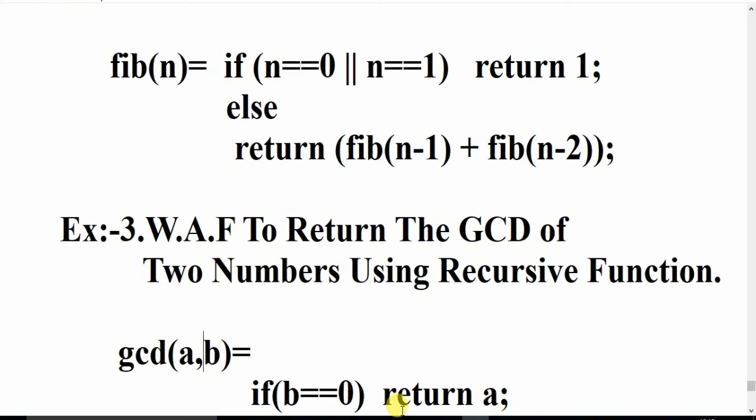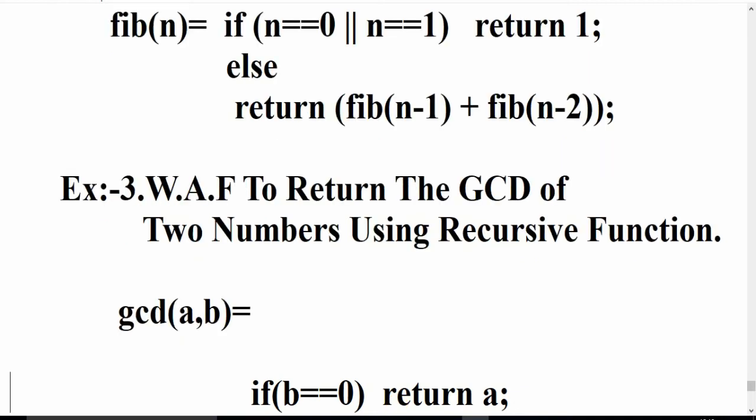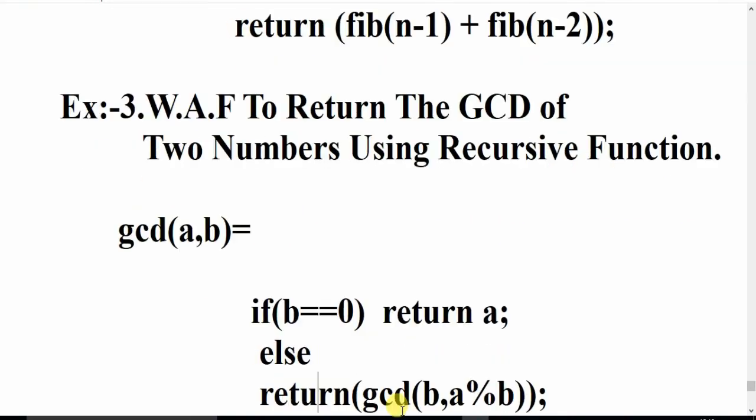If b is 0, then the greatest common divisor is a here. So your requirement is that the recursive function has to stop when the b value is 0. When b is 0, you have to return the a value. So if b is equal to 0, then return a. Otherwise, return GCD of b comma a modulus b.